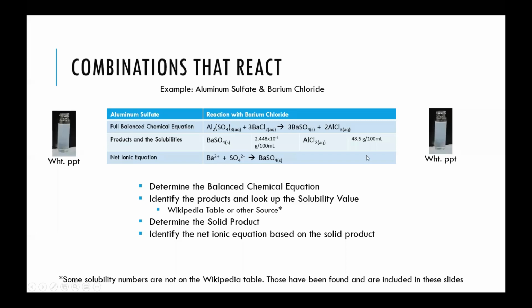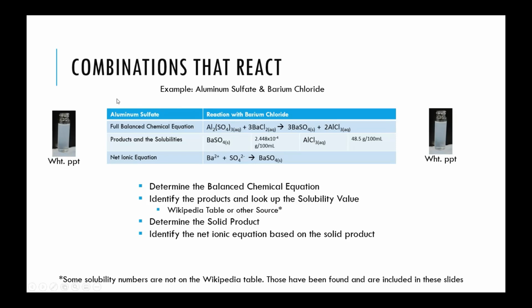So what was just seen was how you would go about observing some of those reactions, or those combinations, both ones that do react and form a solid precipitate and those that do not react. Taking the example from a little bit earlier, the aluminum sulfate and barium chloride, this would be how to fill out the reaction table in the report form.